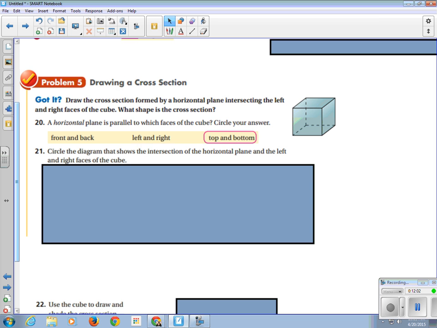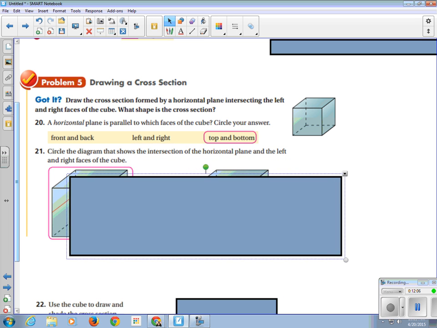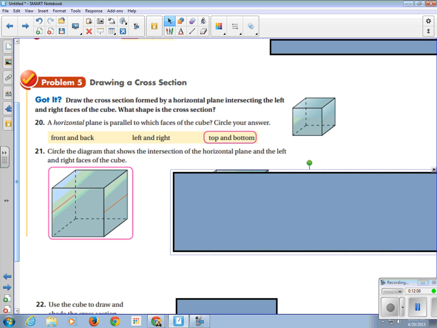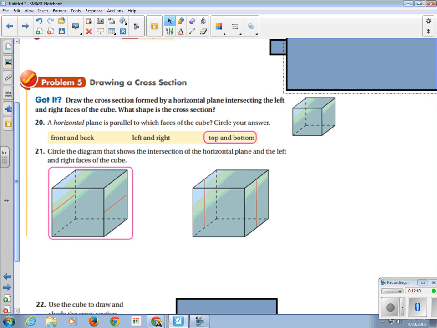So we're going to circle the diagram that shows the intersection of the horizontal plane and the left and right faces of the cube. Oh yeah, that's the first one. So it's these guys. My horizontal plane is going to chop it.